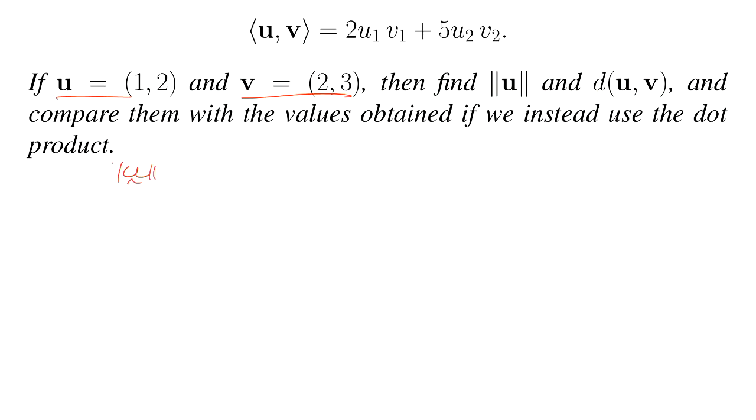So the length of U squared is the inner product of U with itself. So that's 2 U1 squared plus 5 U2 squared. And that happens to be 22.